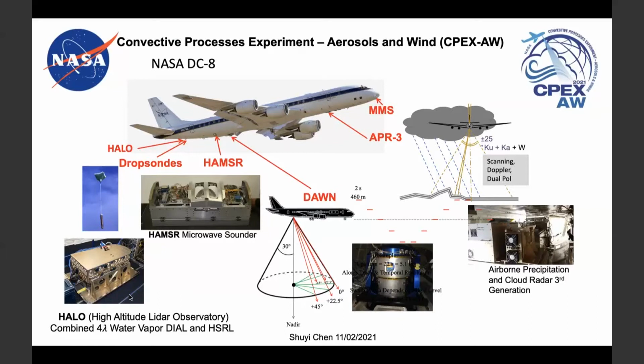Another really cool instrument is this high altitude LiDAR called HALO, which observes quite well in high resolution dust and dust concentration, humidity, and so on. We also have a microwave radiometer, HAMSR, and dropsondes. I guess I already mentioned that.